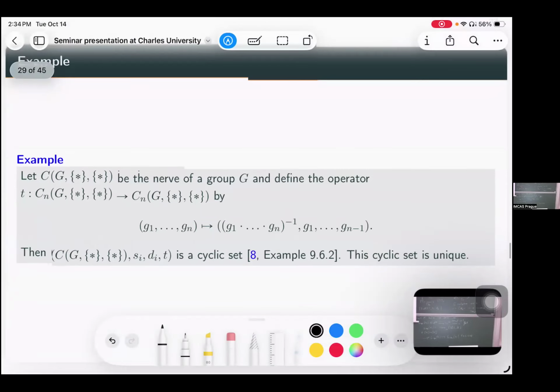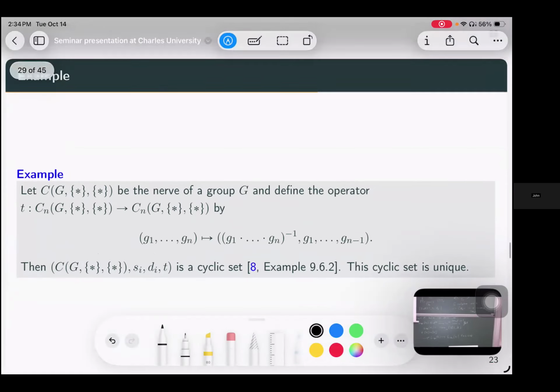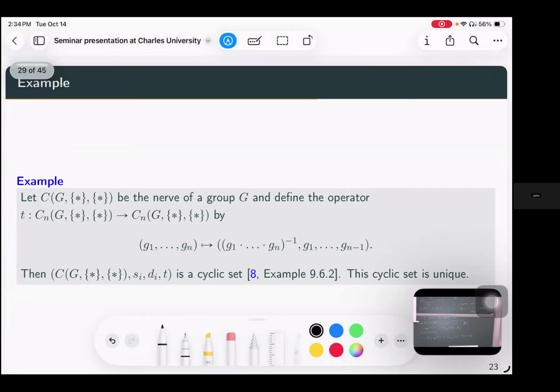You're welcome. All right, so as an example, we want to look at this simplicial set. Given a category, a group is a category with one object.